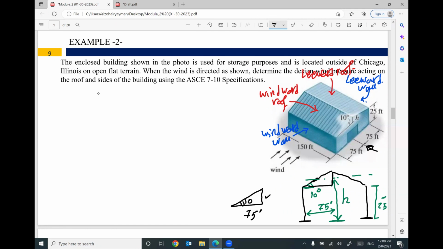So I can figure out this height: tan of 10 degrees multiplied by 75, this height will be 13.2. Then I take 13.2 divided by 2, and add the result to 25. So the height will be 31.6. This is the first step before starting to calculate your wind load.